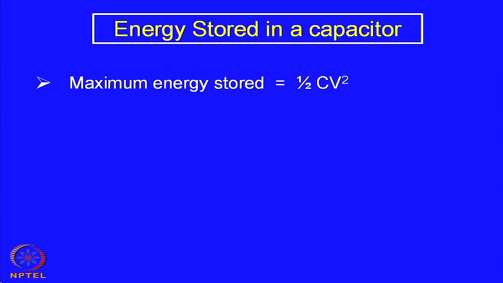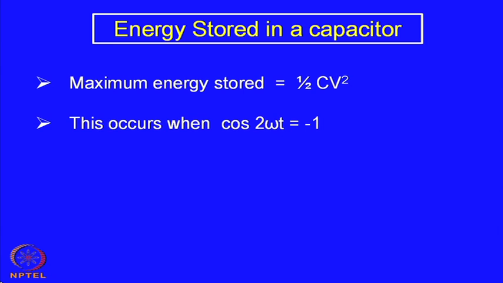Now, we have already discussed that one of the major purposes of a capacitor, or using a dielectric material to construct a capacitor, is basically to store electrical energy in the system and use it whenever needed. So, the maximum energy that can be stored is actually equal to half C into V square, V is the applied voltage.